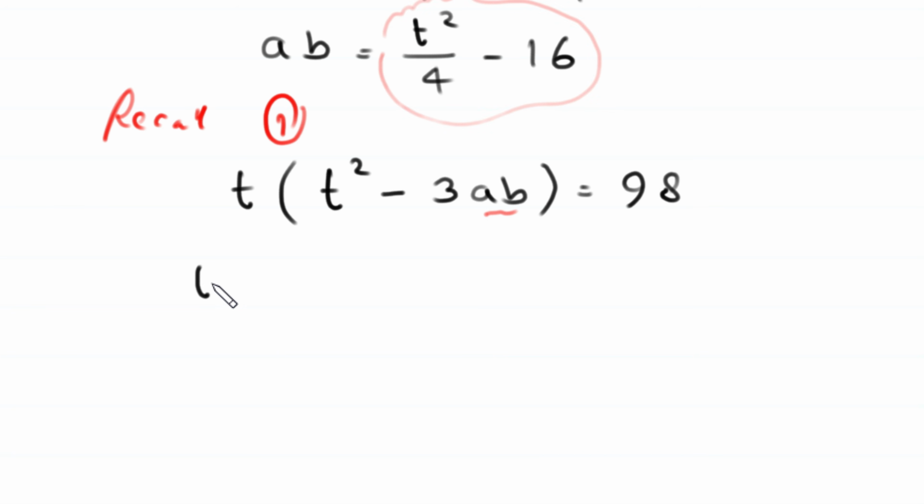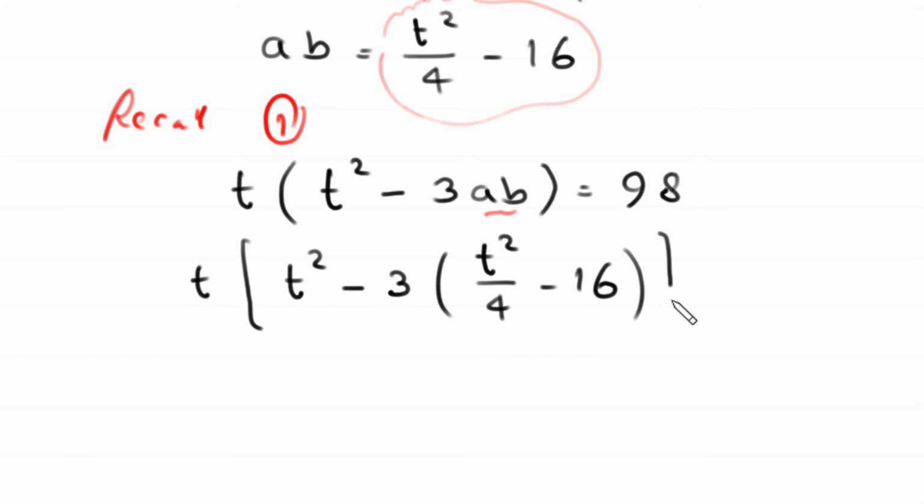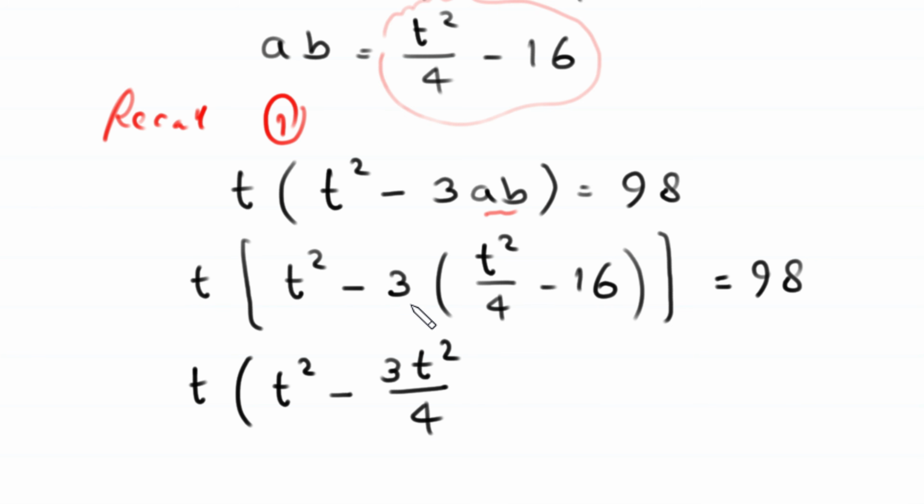So this will become t times t squared minus 3 times t squared over 4 minus 16 equal to 98. Further simplify, this will become t times t squared, negative 3 times t squared over 4 will become negative 3t squared over 4, and negative 3 times negative 16 will become plus 48 equal to 98.